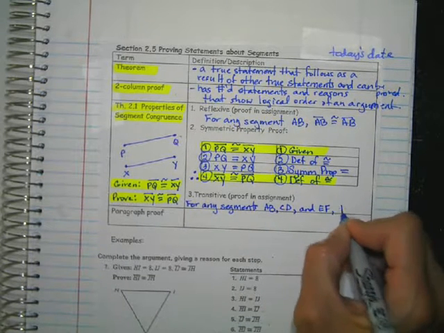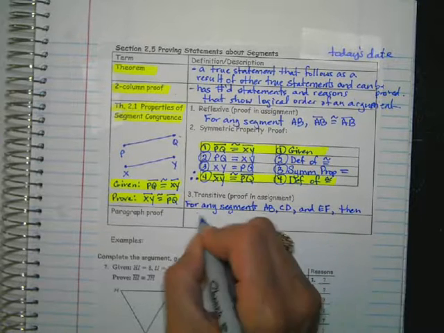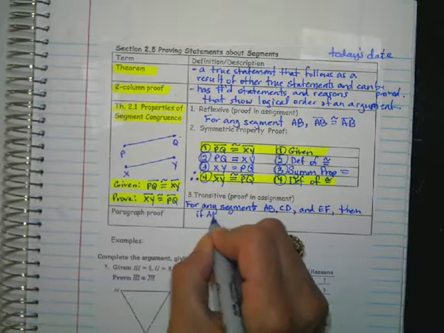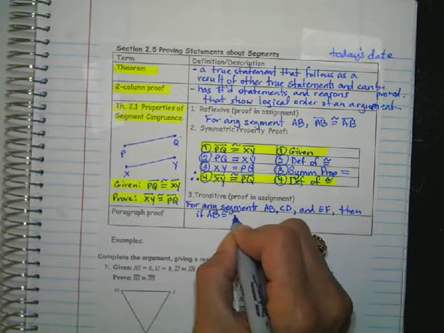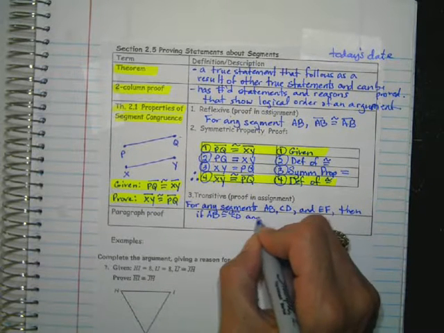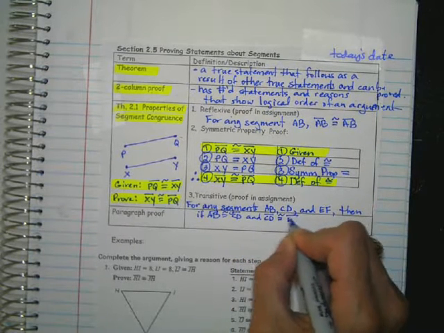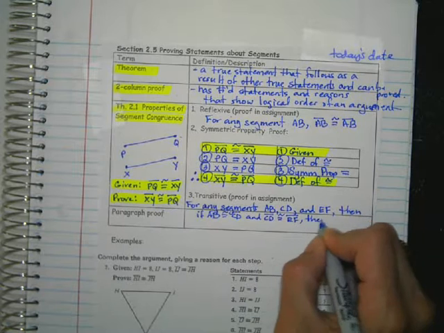If AB is congruent to CD, and CD, line segment CD, is congruent to line segment EF, then line segment AB must be congruent to line segment EF.